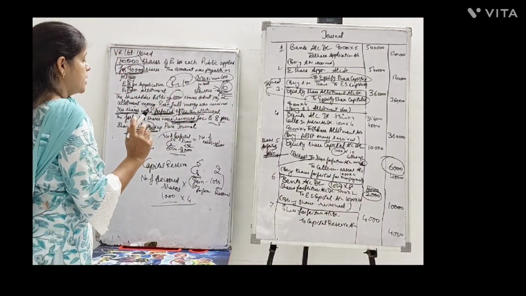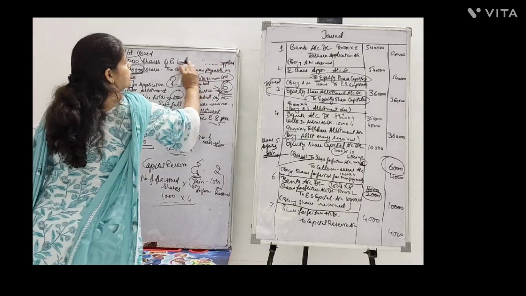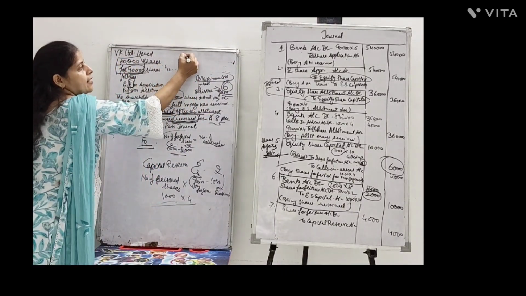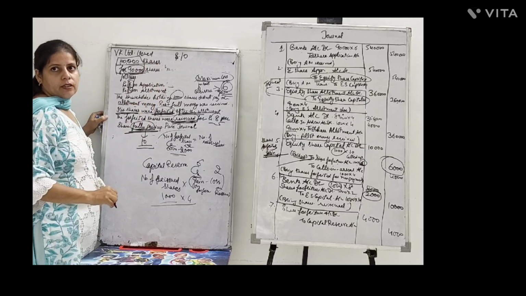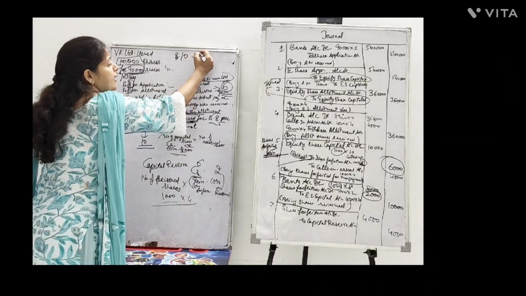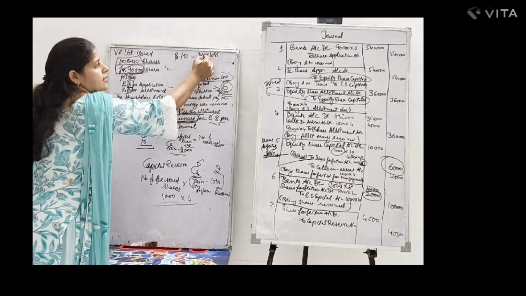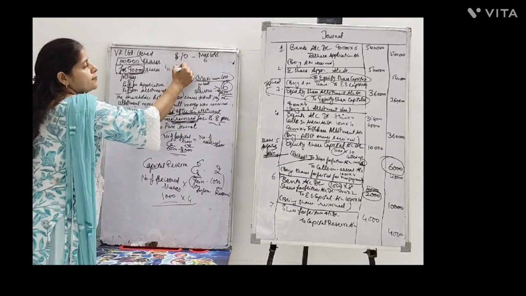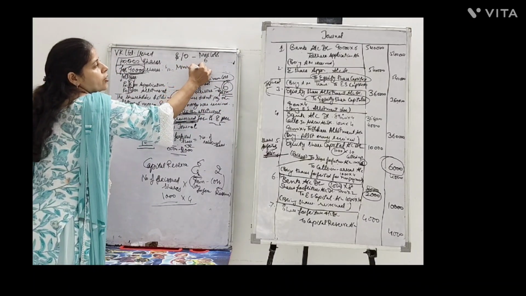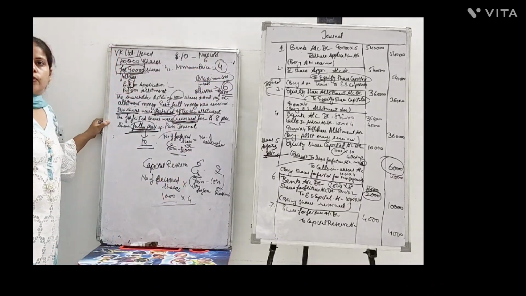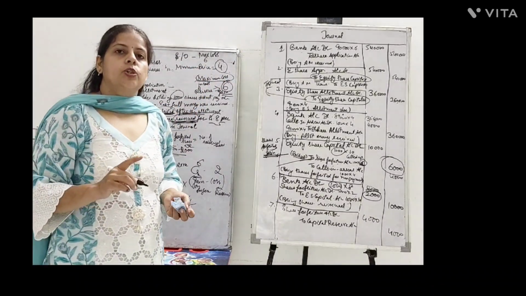What should be the minimum price at which these shares can be reissued? The price of the share was ₹10, and the maximum loss could be ₹6. So the minimum price for the reissue of the share is ₹4.